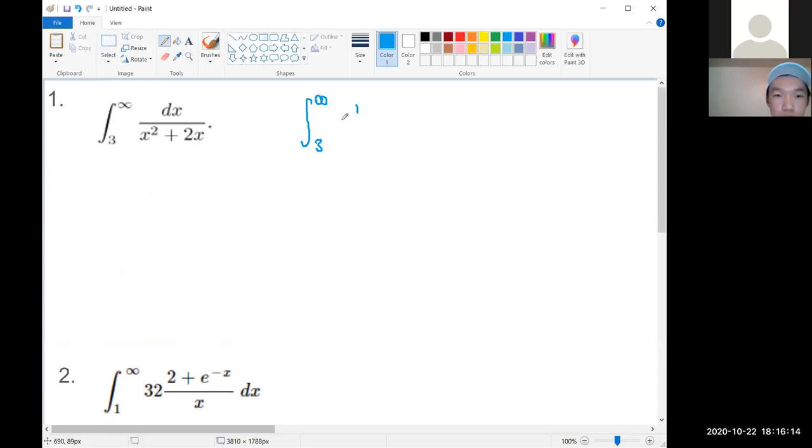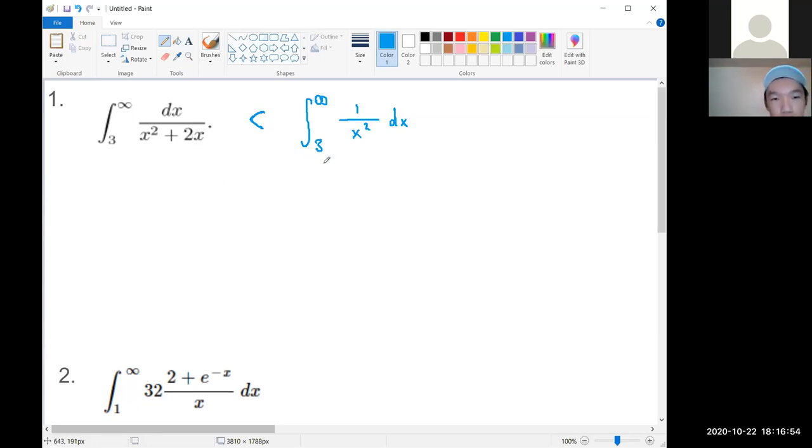So the numerator is the same, but the denominator, we got rid of the plus 2x. So what's the inequality sign here? Less than. Less than, yes. And the reason it's less than is because the original integral has a bigger denominator, so it's less than.